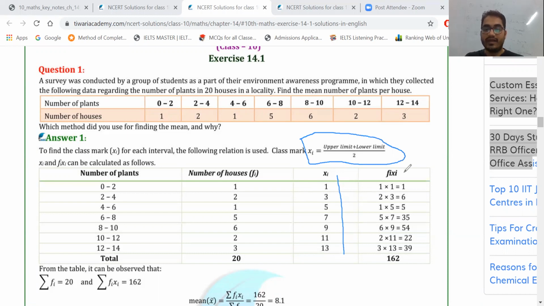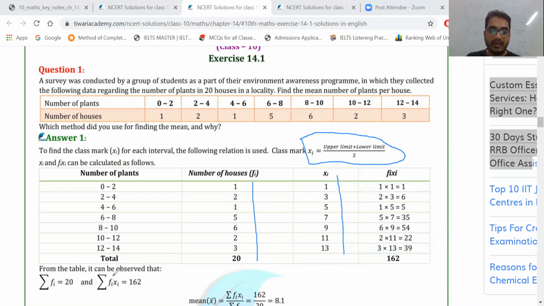Now it is time to use the formula: x bar is equal to sigma fi xi divided by sigma fi. We have got xi, and fi is in this table, so we multiplied them to get the fi xi values.